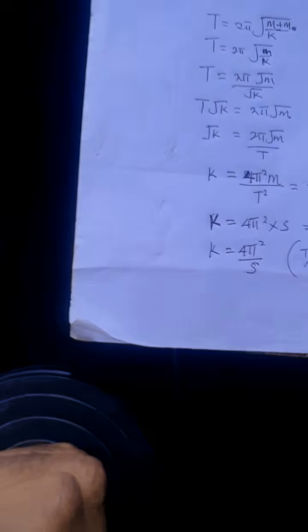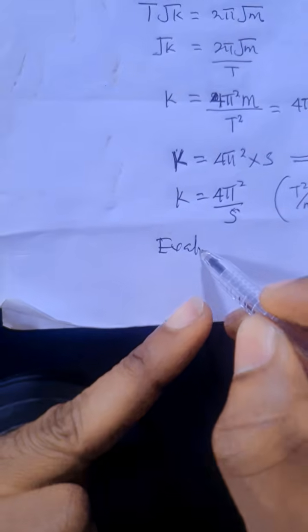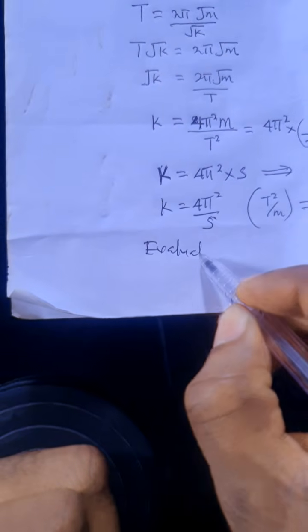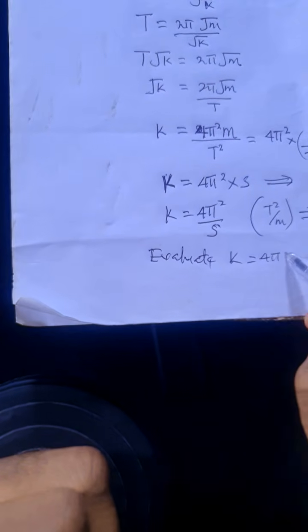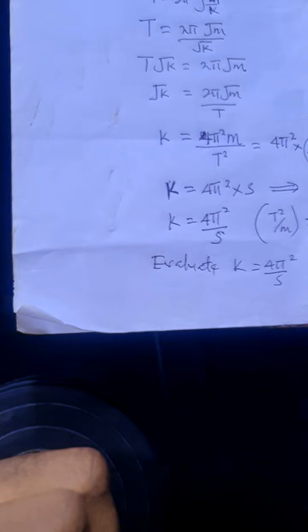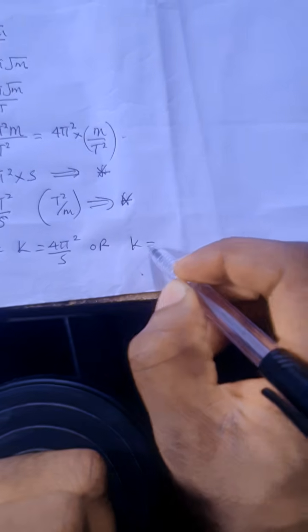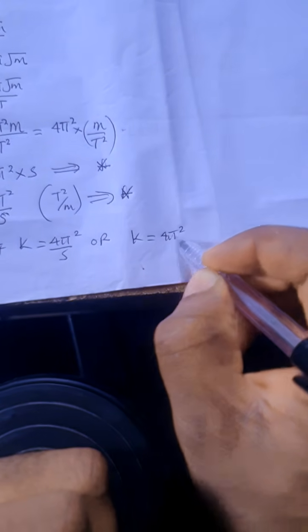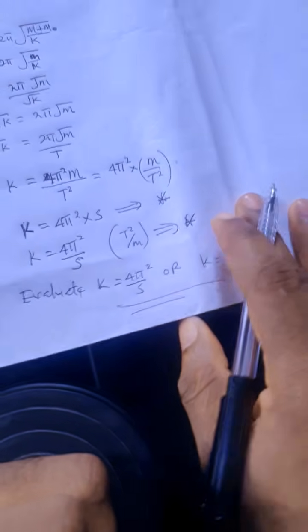So if that be the case, at a point they will ask us to evaluate k equals 4 pi square over s, or probably evaluate k equals 4 pi square s. These are the two cases.